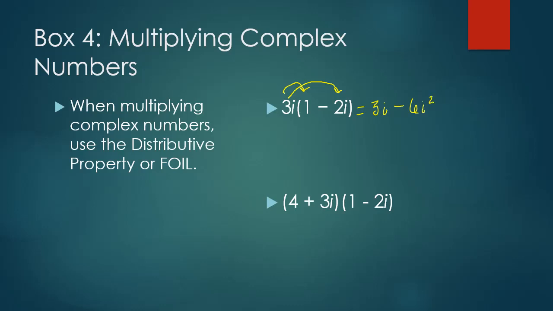What did we say i squared meant? Negative 1. So as soon as you see a negative i squared, you turn it into a negative 1. Negative 6 and negative 1 makes what? Positive 6. You can either leave it in this form, but is that our complex number form? No, so we'll switch it. Positive 6, positive 3i. So our answer is 6 plus 3i.